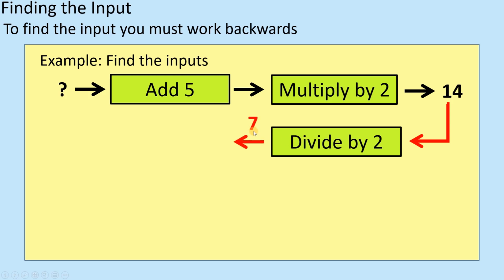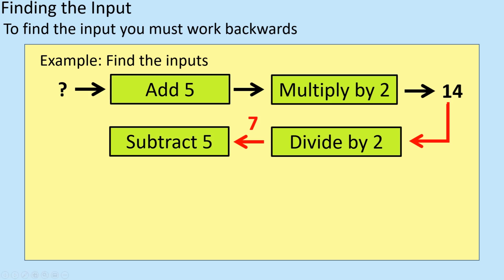That's going to give me 7. And then what was my first step? Originally I added 5, so if I'm going backwards, then I need to subtract 5. That's the inverse operation. So take away 5 from the 7, and that's going to give me an answer of 2. I could check that. Is 2 add 5 multiplied by 2 equal to 14? Yes, it is, because 2 add 5 is 7, multiplied by 2 is 14. So I can easily check.